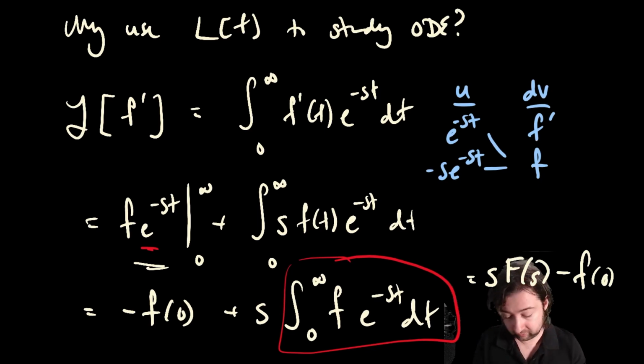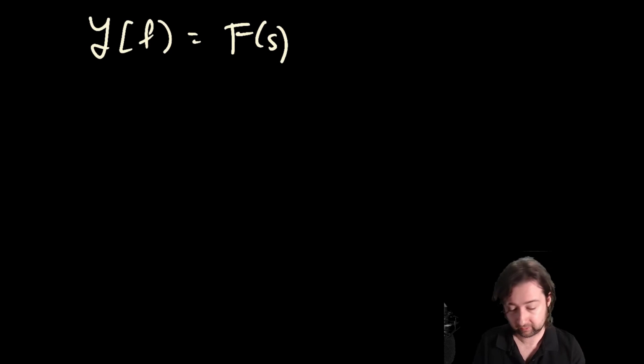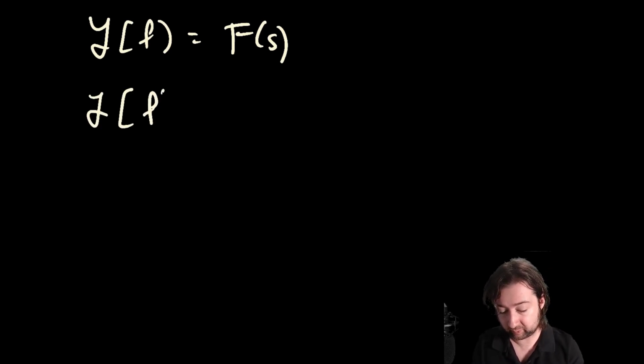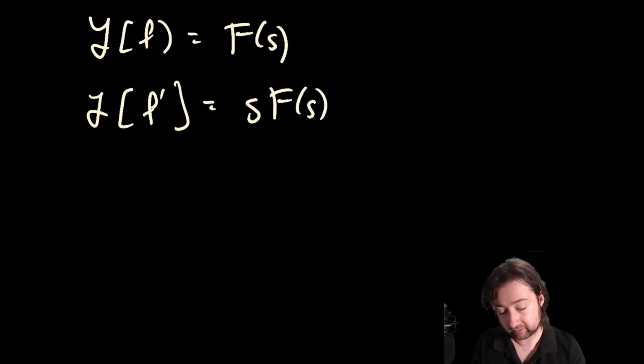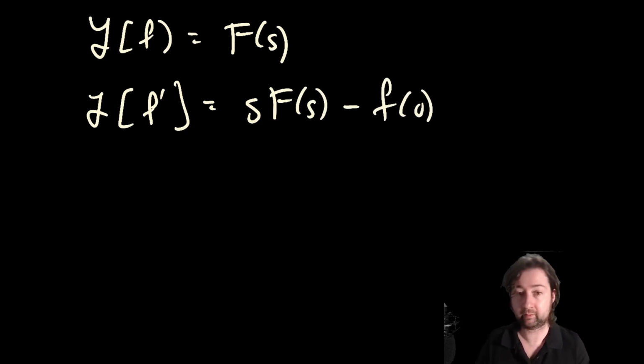So what we've shown is that if the Laplace transform of f is written as capital F of s, then the Laplace transform of f prime is equal to s times F of s minus little f of 0. That is, the Laplace transform of derivatives is incredibly useful because we get a reduction to the Laplace transform of the original function.